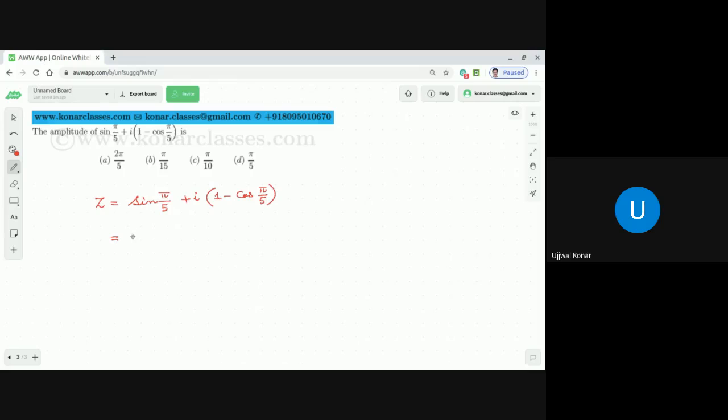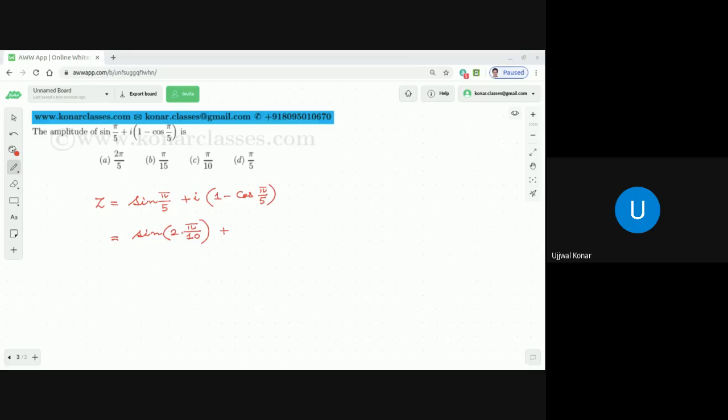So what we can write, dear students, if you see, there are multiple ways you can do this. Another thing is that we can write 2 into pi by 10. Sin pi by 5, we can write as sin 2 into pi by 10. And if you recall, dear students, there is a formula: 1 minus cos 2 theta is equal to 2 sine square theta.